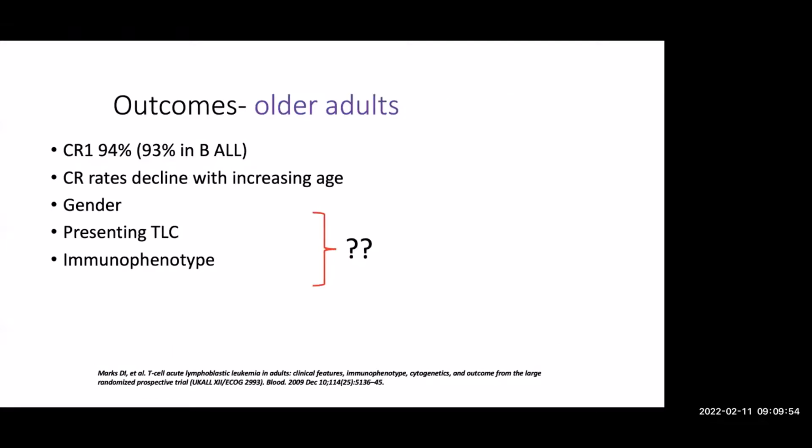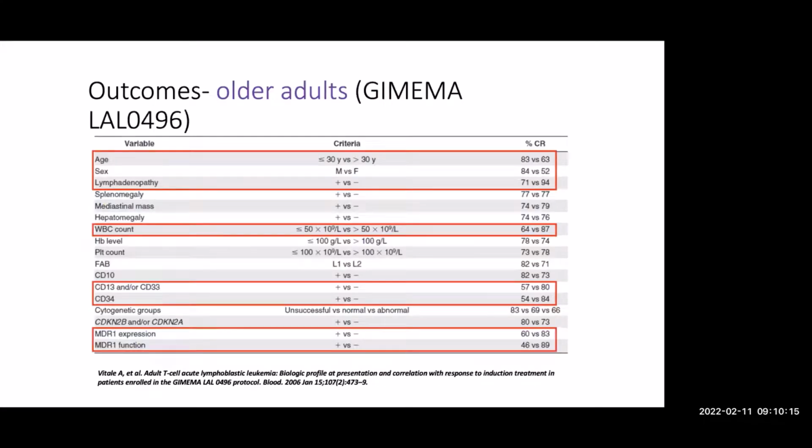Coming to the outcomes in older adults, patients treated in older adults have a similar complete response rate as in B-ALL. However, the complete responses decline with increasing age, and there is an association with gender, presenting white cell count and immunophenotype. This is a GMALL large study where older patients were treated with multi-agent chemotherapy.